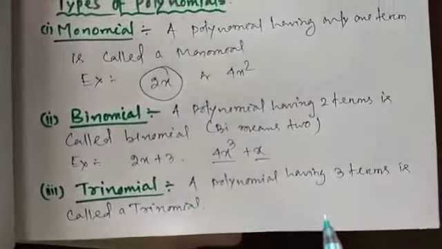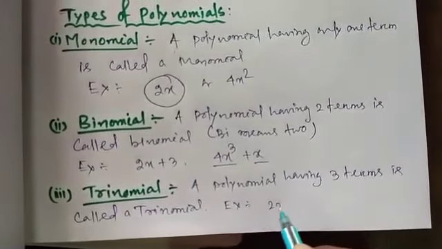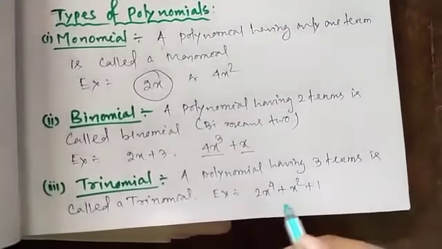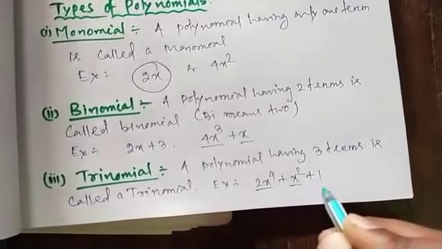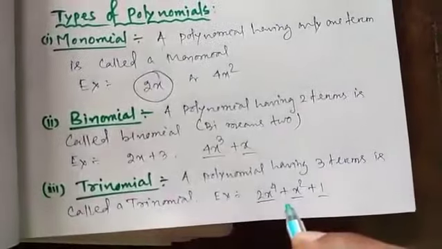Similarly, a polynomial having three terms is called a trinomial. Example 2x4 plus x square plus 1. So here three terms, one is 2x4, another is x square and another is 1. So three terms, it is a trinomial.